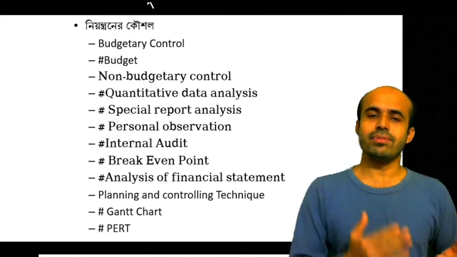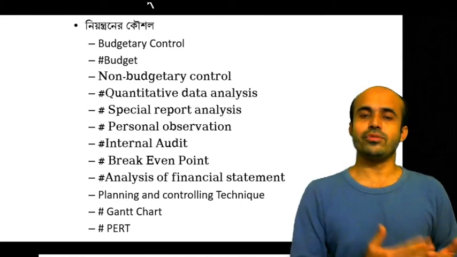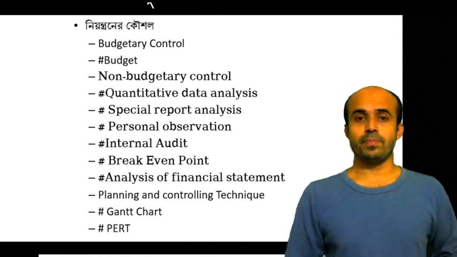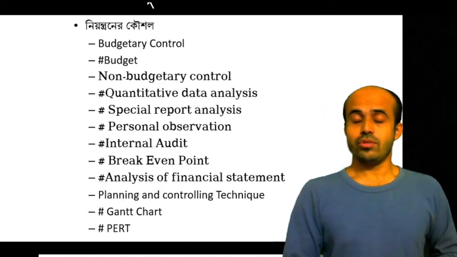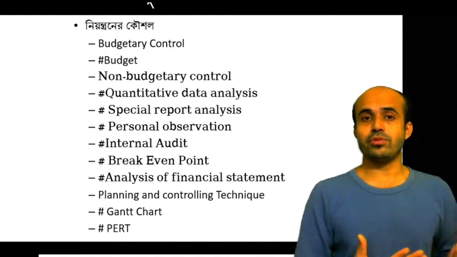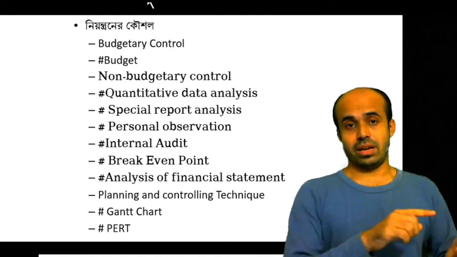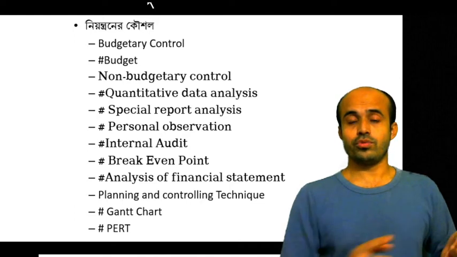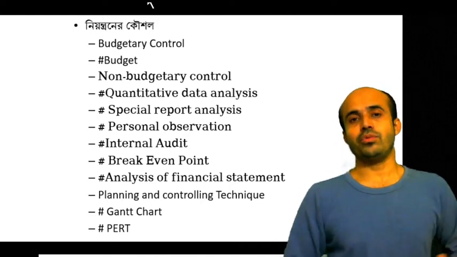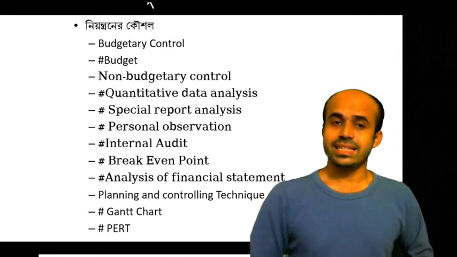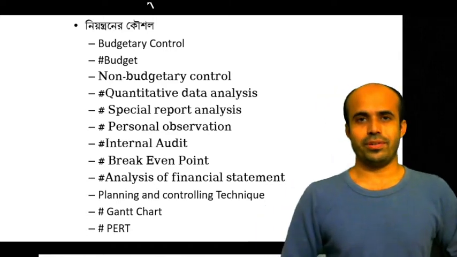If I give a number, then it will be very easy to access the data. That is why we give numerics 1, 2, 3 for any work, so it is very easy for the controller to control.